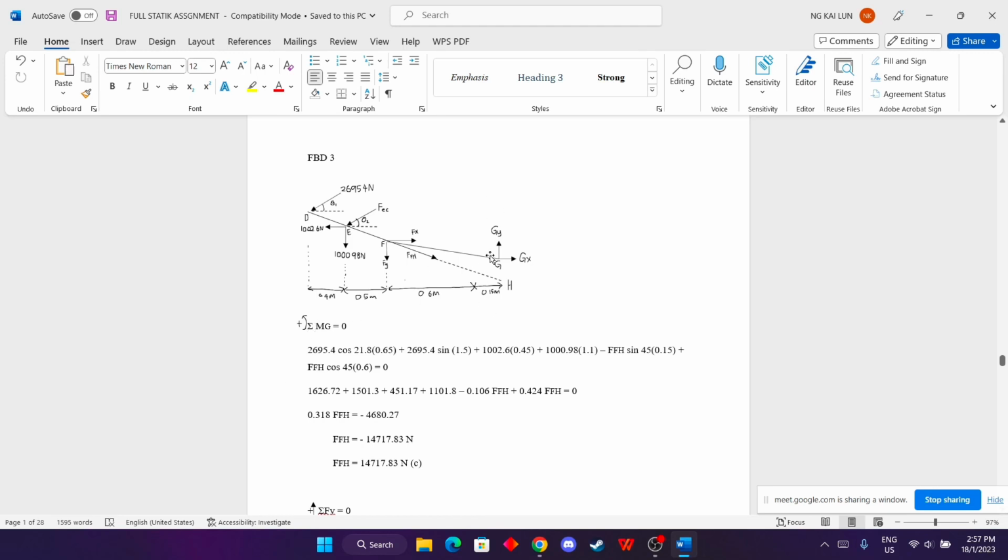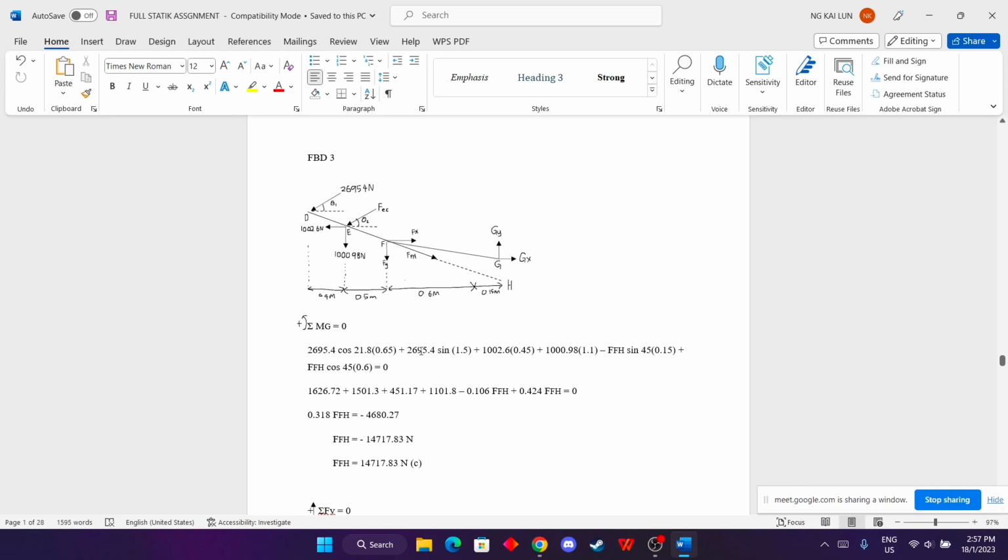So we take the moment at G. We can eliminate GX and GY; we can find that later. We take the moment at G. Now we're finding FH. So it's this one times cos 31 times 0.65 meter, which is the whole length here, I presume. Cos 31, yeah.